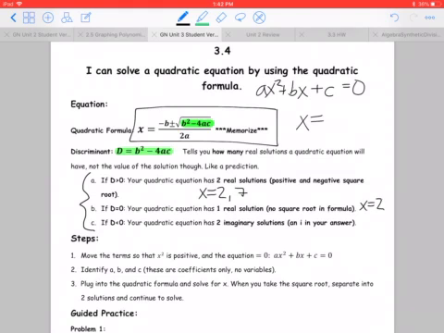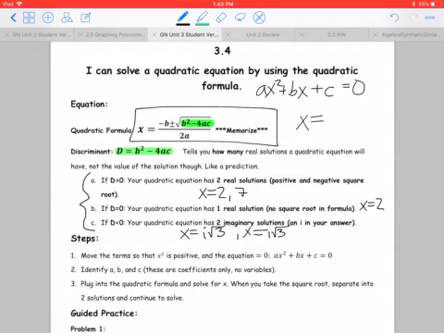Maybe x is 2, but there's no other number when you solve it. And then if it's less than 0, then you would have a negative radical, so you'd have imaginary numbers. You might have x equals i radical 3 and x equals negative i radical 3, but you've got that i there, imaginary. So those are predictors. That's when you don't have to solve the whole thing.